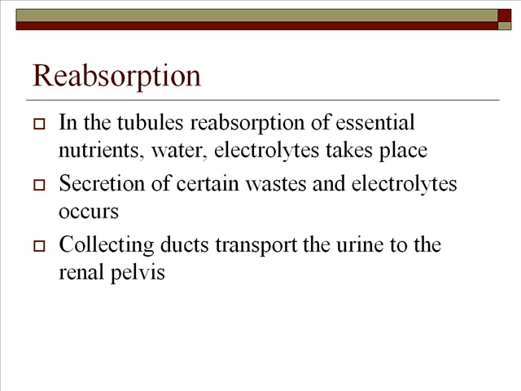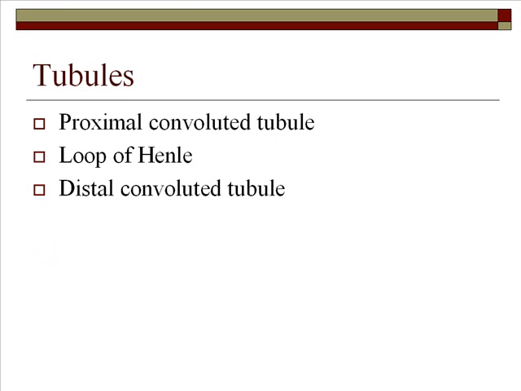This is essential to maintain adequate balances of fluids and electrolytes. Nutrients, water, and electrolytes all will be reabsorbed in this area. There will be secretions of certain waste products, and secretions of certain electrolytes will occur as well. So some electrolytes are lost in this process. In the collecting ducts, we'll see the transport of urine into the renal pelvis, and then eventually out of the kidneys into the ureters and into the bladder and then out the urethra.